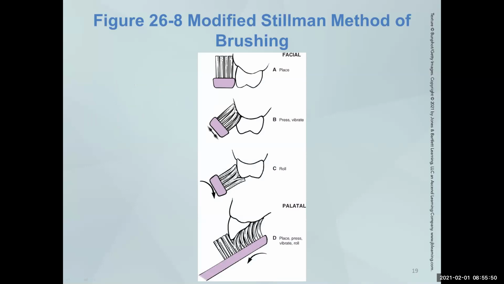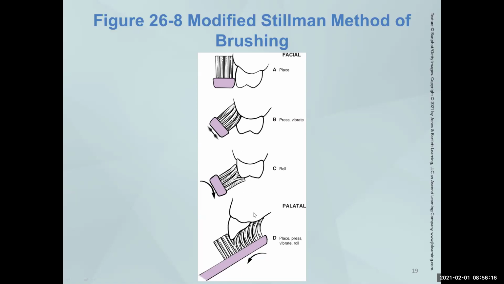Then you do your wiggles. All right, and that's the Stillmans, your little vibrating for a count of 10, and then the roll. And that roll is the modified Stillmans when you're incorporating the roll. So this is the roll to get the rest of the tooth, because this is just concentrating on stimulating the gingiva.